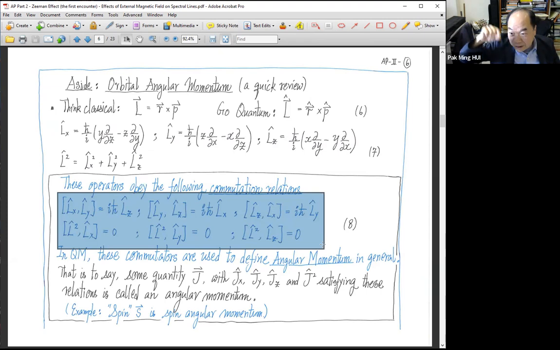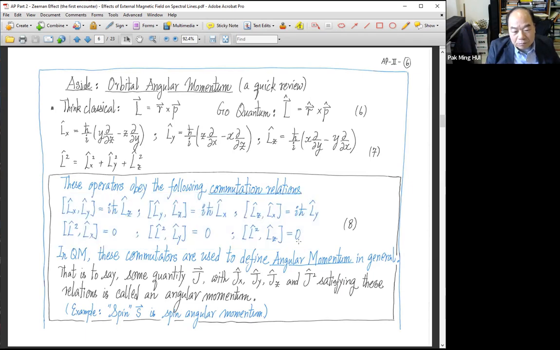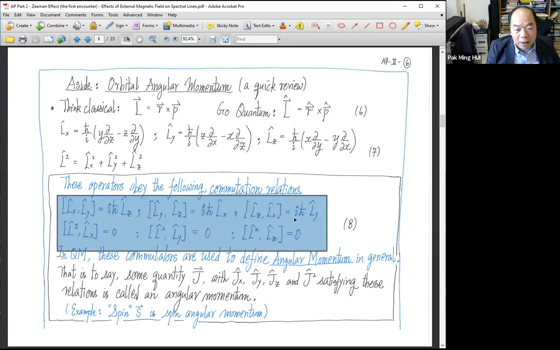In another part of this module, we will discuss what general results we could obtain by considering these 6 commutation relations of angular momentum in quantum mechanics. That will come later. For the moment, you have seen these 6 commutators by playing with these 4 explicit forms.